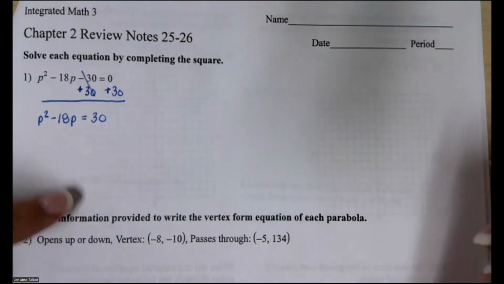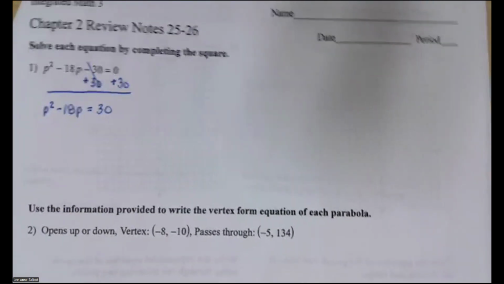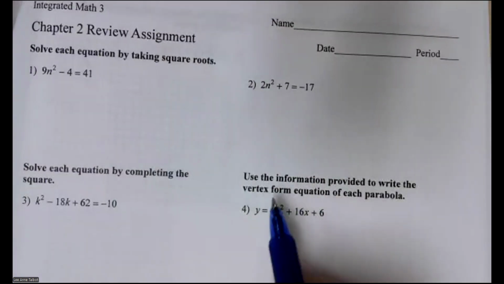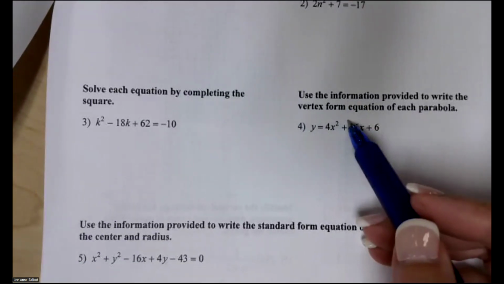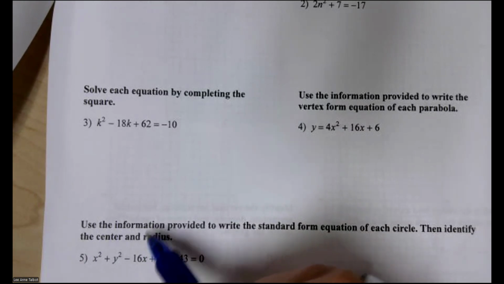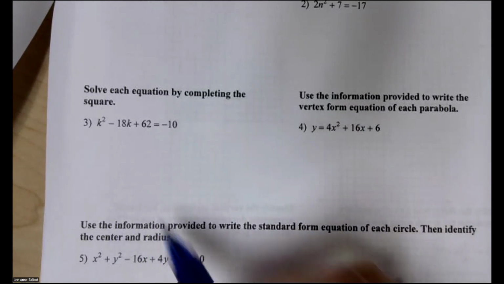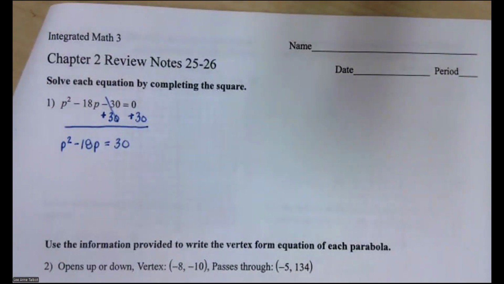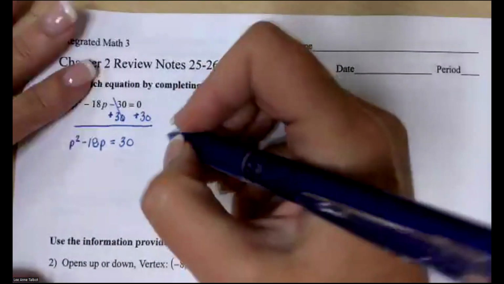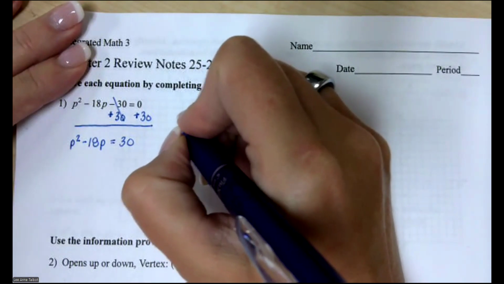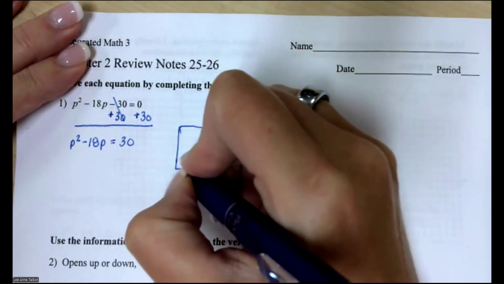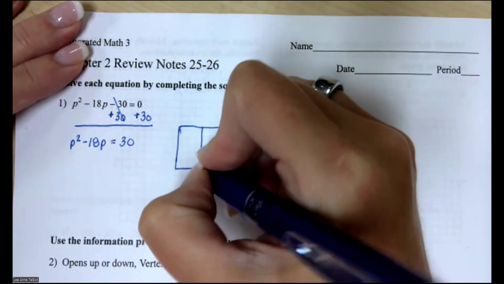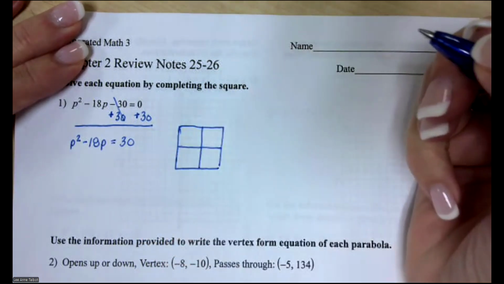This is the solving. And on your review assignment, there's also the vertex form and the circle. So we did notes on all 3 of those yesterday, but this is one of them, and they're very similar. It's just what the purpose is that's different in each one, but they all have move the constant, complete the square.